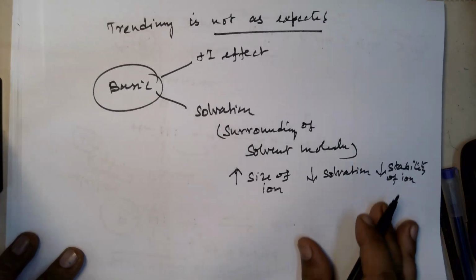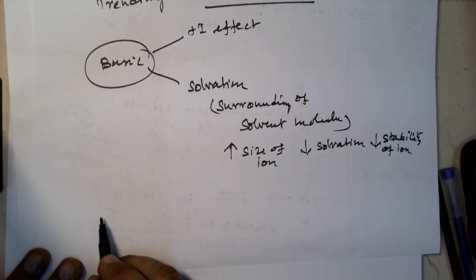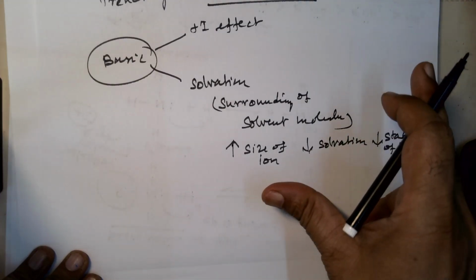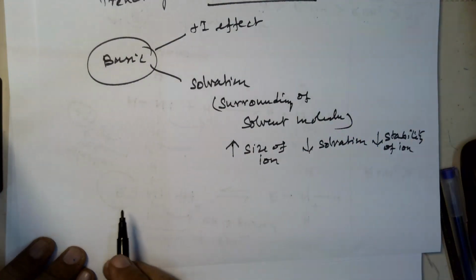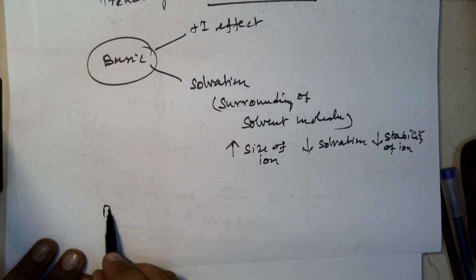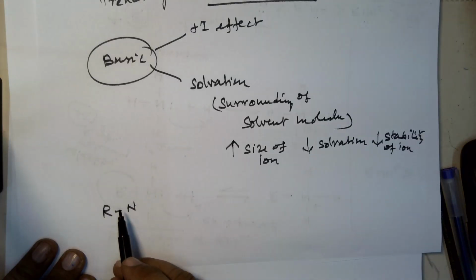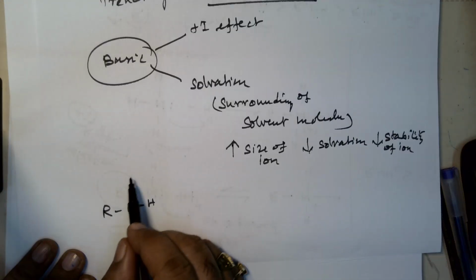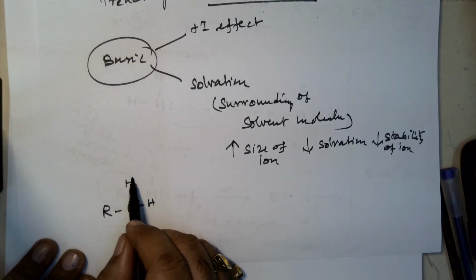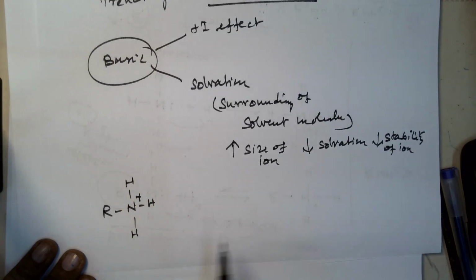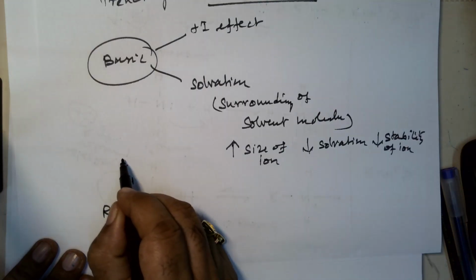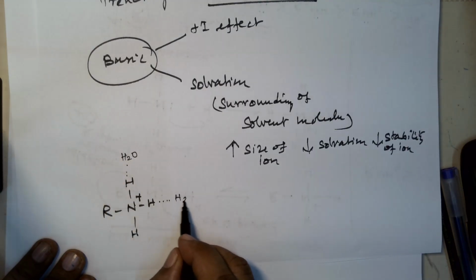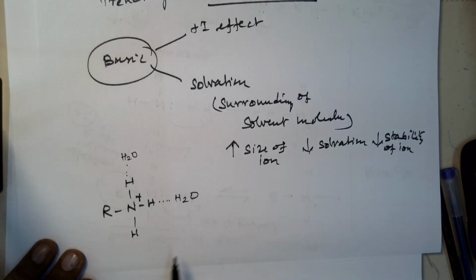For example, in the case of ammonia, the size is smaller, and that is why solvation is bigger, so it is more stable. So RNH2 with H+ protonated: here a water molecule, here a water molecule. This is called solvation.